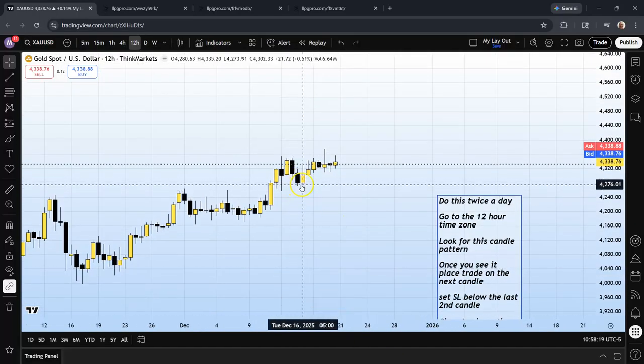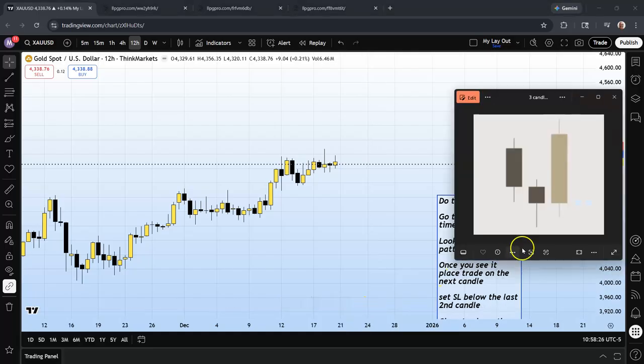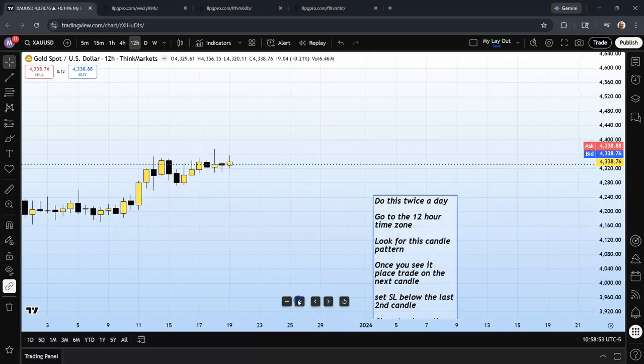Does this look like that pattern? Let's take a look at it again. You have a bearish candle, a reversal candle, and a bullish engulfing candle. So this is a 3-pattern setup here. We have a bearish candle, we have this candle right here, and this you can pretty much get away with because it does look like it.